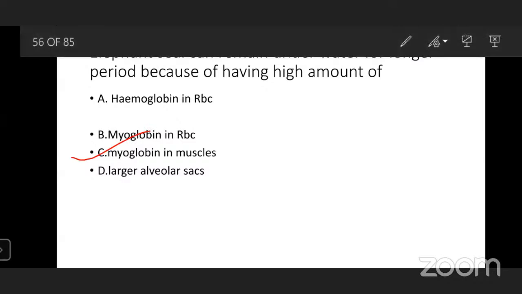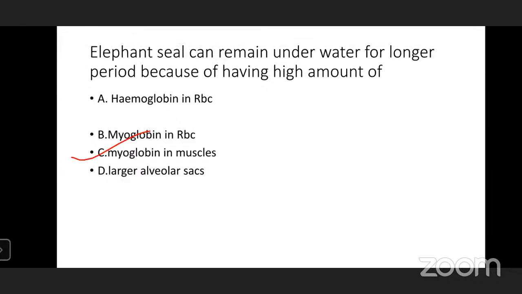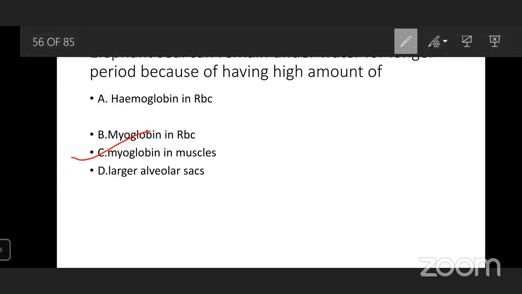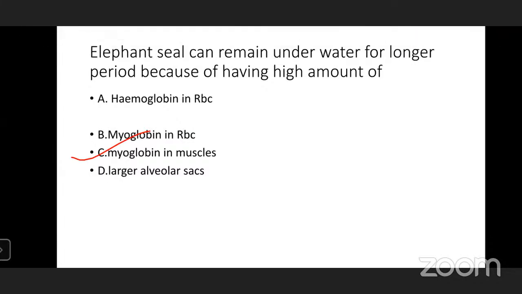Myoglobin is present in the muscles, and these are the muscle pigments, and they will be storing the oxygen. Okay, so due to the presence of high amount of myoglobin in the muscles, the elephant seal can remain in the water for a longer time. So the correct answer is 3.